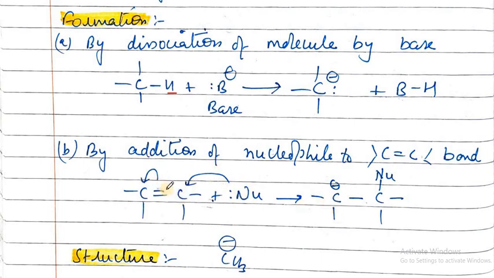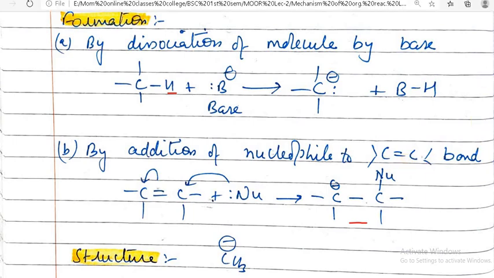The electrons move to give the negative charge and the nucleophile gets attached to carbon, so the carbanion is formed. So carbanions can be formed by dissociation of a molecule by a base or by addition of a nucleophile to a carbon-carbon double bond or triple bond.